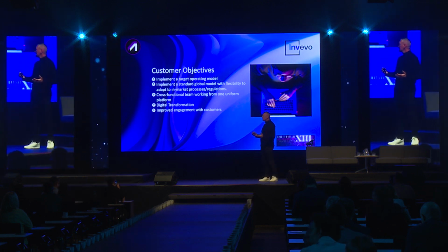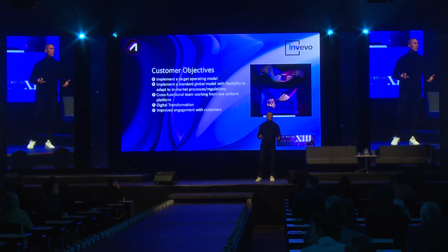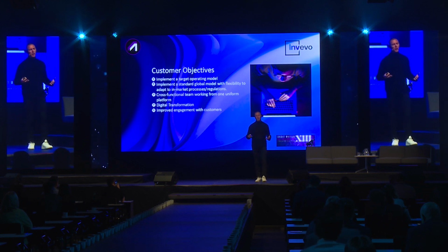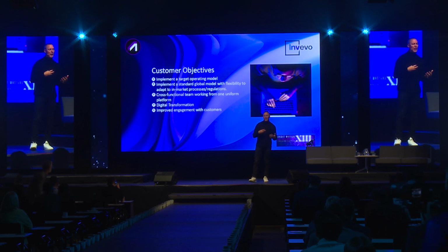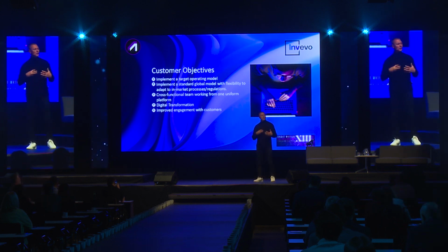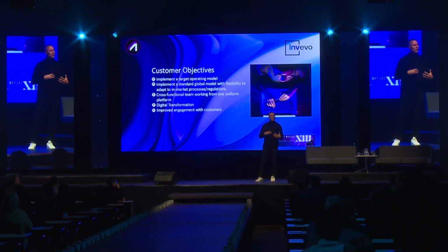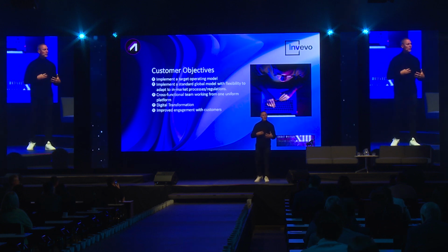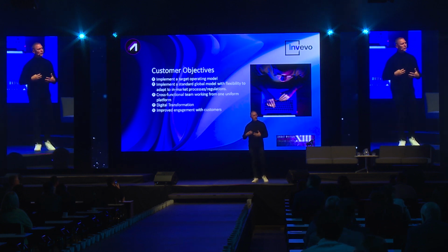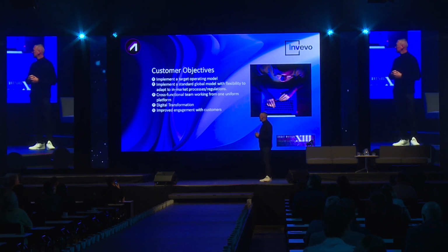We want to be able to measure performance, and we want to be able to benchmark. If we don't have a target operating model and a standard operating process, it's very difficult to assess and understand the performance of each of the in-country financial performance numbers and their KPIs.